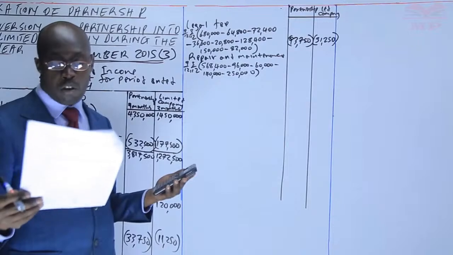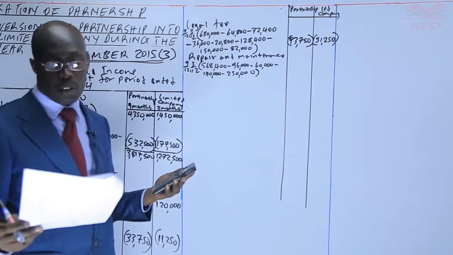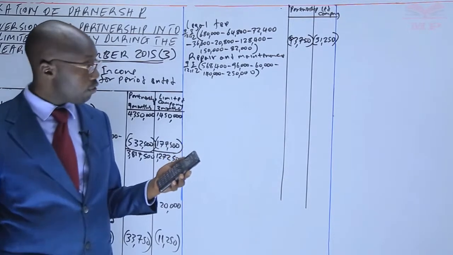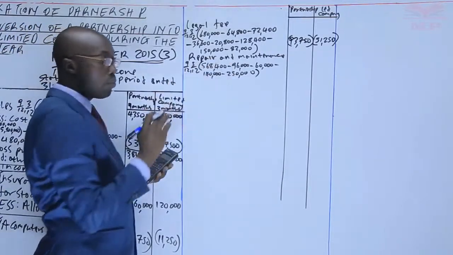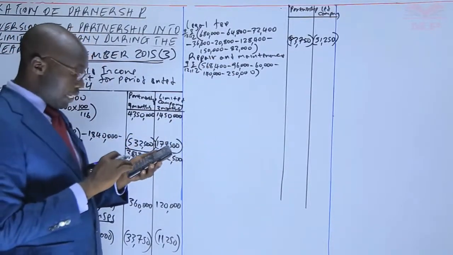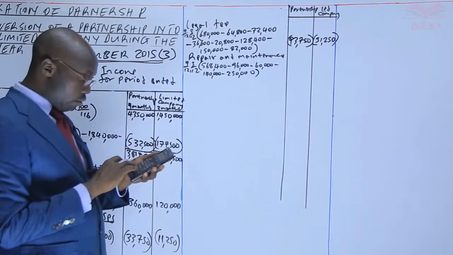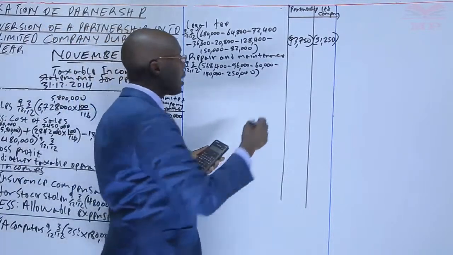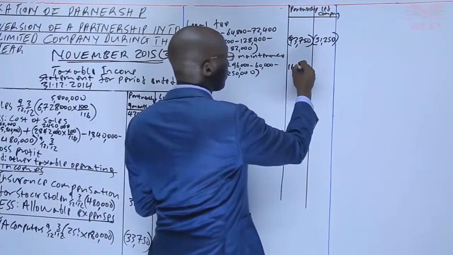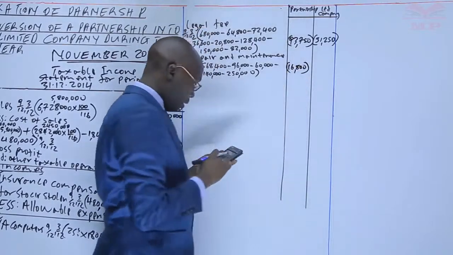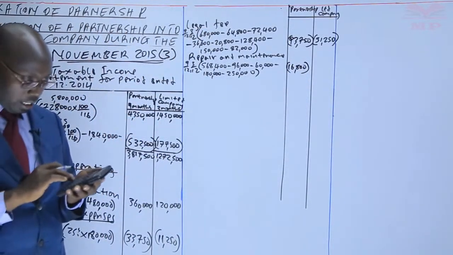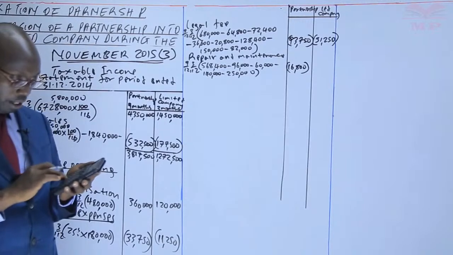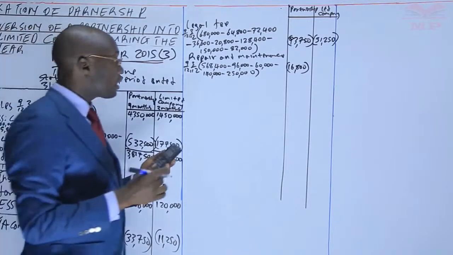So if you remove all the others which are not allowable, you still remain with that, the 22,400. So you can as well pick that and call it repair and maintenance, and then you post it there. So we times by 9, divide by 12, which gives you 16,800. And then we take the other one, which we saw is 22,400, times 3 divided by 12, 5,600.